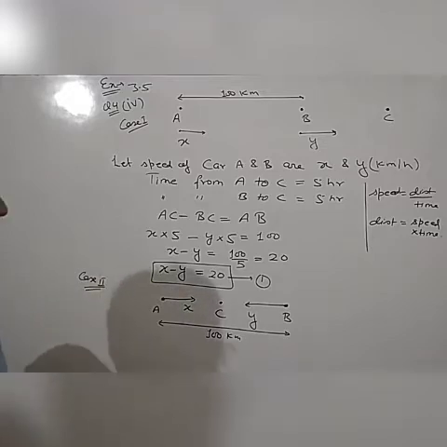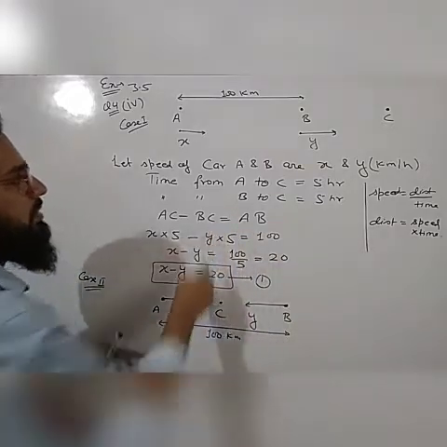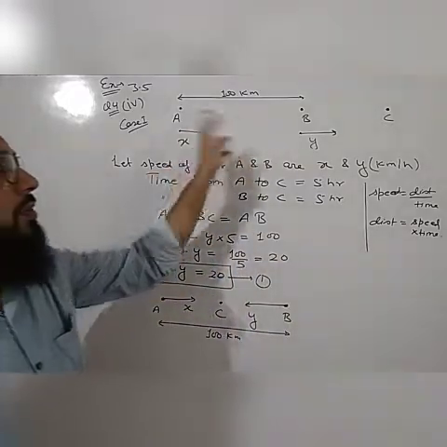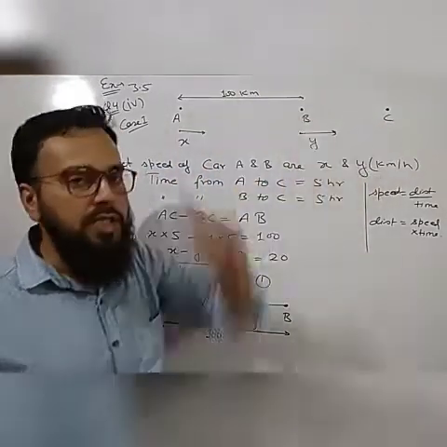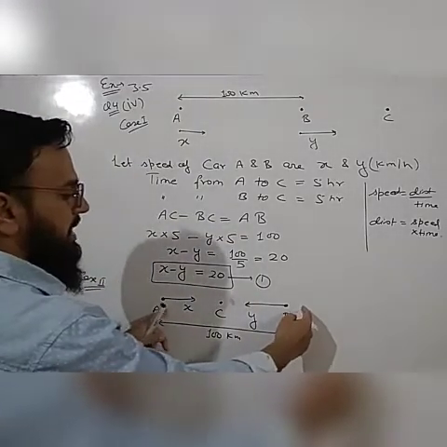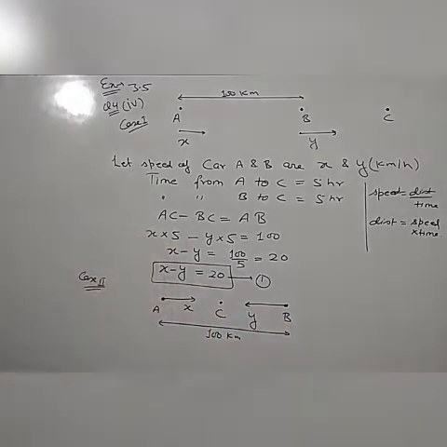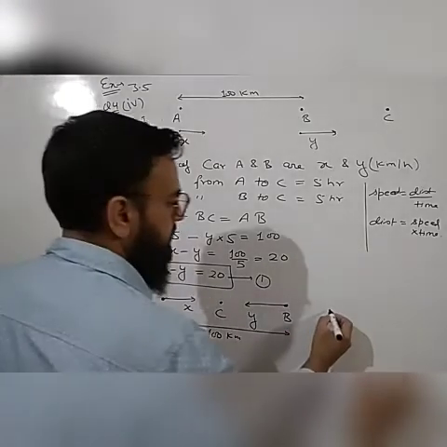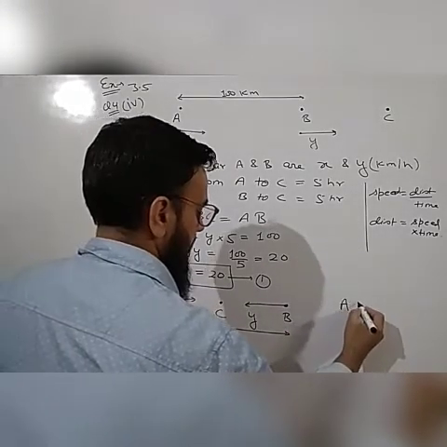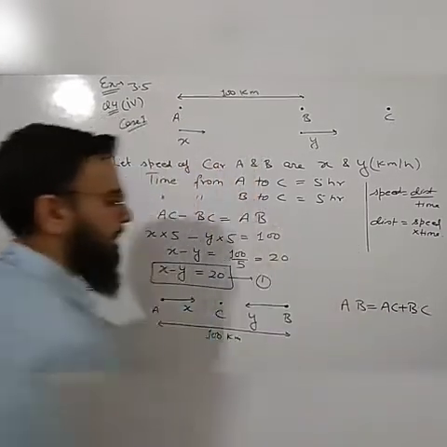Then what will happen? Now how can we write AB in geometrical terms? Like in the earlier case, we have written AB is equal to AC minus BC. But now in this case, how will you write AB? AB can be written as AC plus BC. Mathematically or geometrically, we can write AB is equal to AC plus BC.